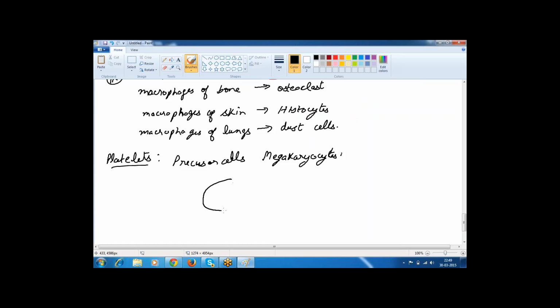Let's say this is one megakaryocyte, one cell. It will split into small, about 1000 fragments. Each of these fragments is called platelet. So platelets, they don't have any mitochondria, they don't have any nucleus, they are fragments of one cell, and these are just small cytoplasm surrounded by membrane.